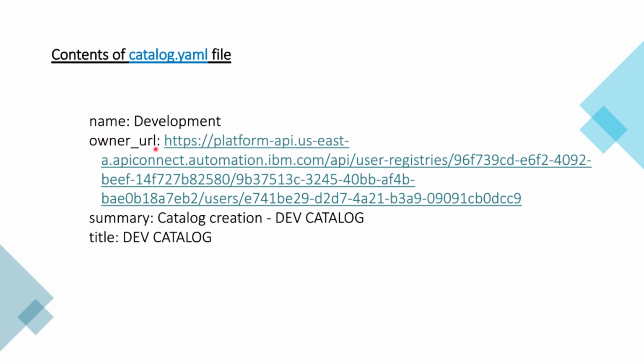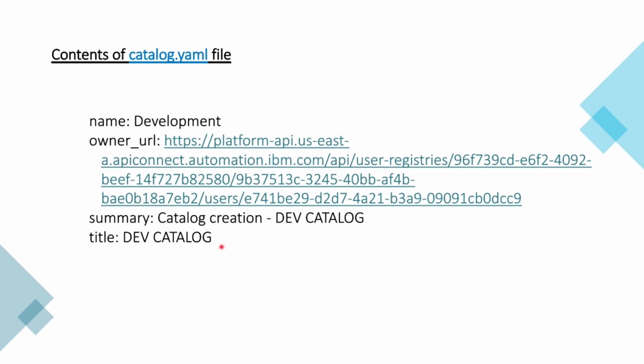This URL represents the user who owns the resource, that is the provider organization, because under the provider organization we are creating the catalog. Then the summary, you can give the explanation here. Then the title, it is a dev catalog.